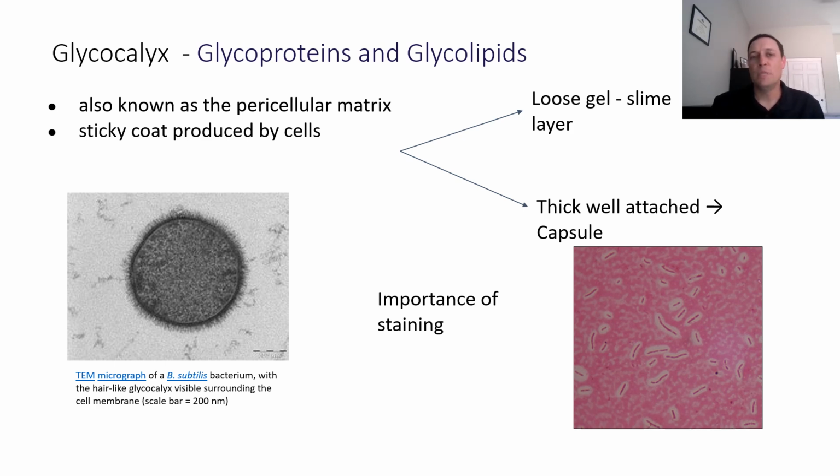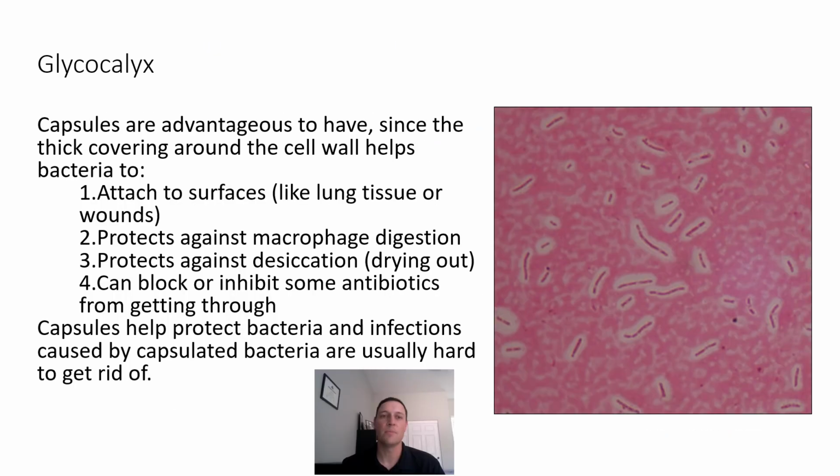And I want to really spend some time focusing on the capsule, because the capsule is a cell structure that is made up of the molecules, glycoproteins and glycolipids, and capsules are absolutely virulence factors. Okay, why is that the case? And when we think about all of this organization and what we're talking about, how is all of this connected?